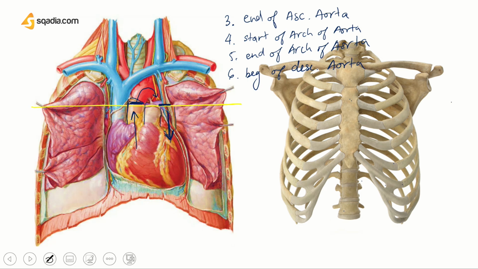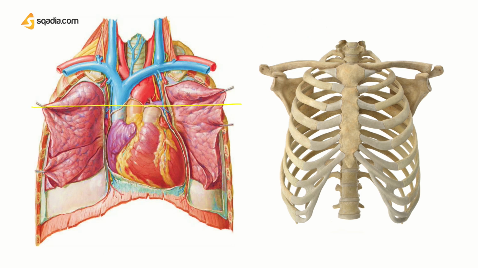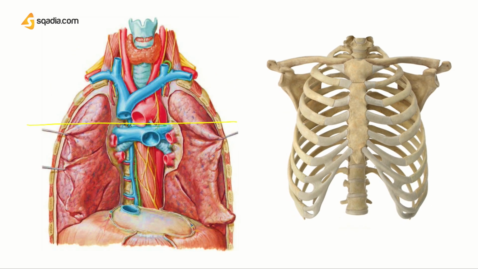Now the next one is the pulmonary trunk. Here we can see the pulmonary trunk. This yellow line here, just for your information, marks the sternal angle.